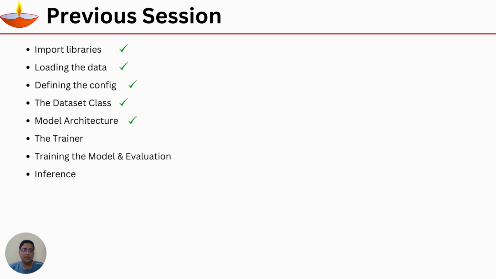So in this session, I'm going to brief about the theoretical aspects of the trainer, which means I will touch upon some of these things like the scheduler, the optimizer, learning rates, backward propagation, and so on. And then over the next couple of videos, I'm going to cover the training of the model, its evaluation, and then the inference.